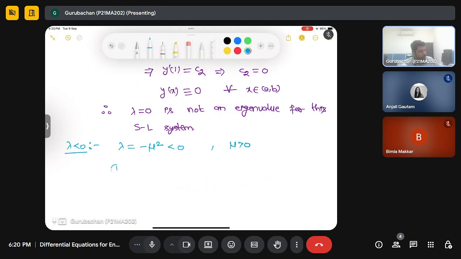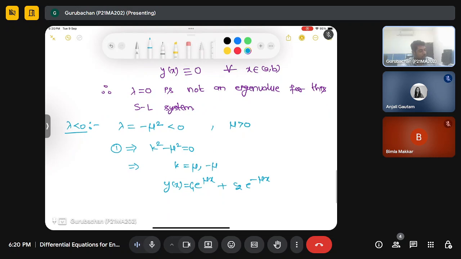So therefore, here we will work with this minus mu square. So your equation will imply that k square minus mu square will be 0, then that will imply k must be mu comma minus mu. Okay, so if k equal to mu comma minus mu, then y(x) will be c1 times e to the power mu x plus c2 times e to the power minus mu x.